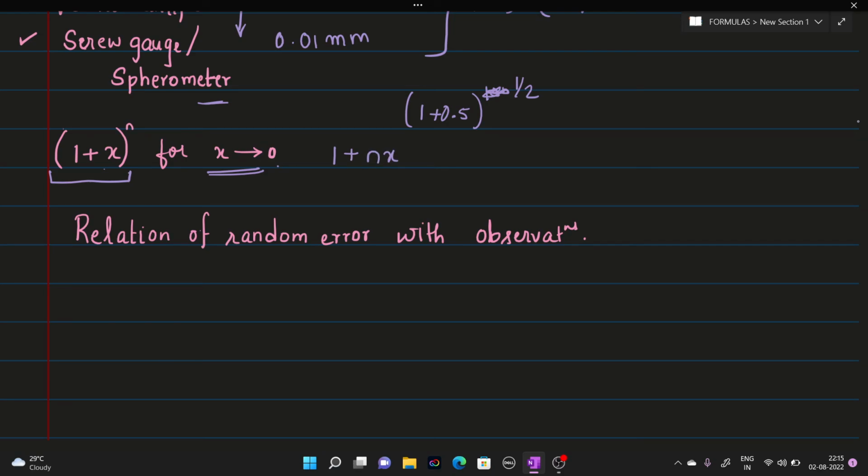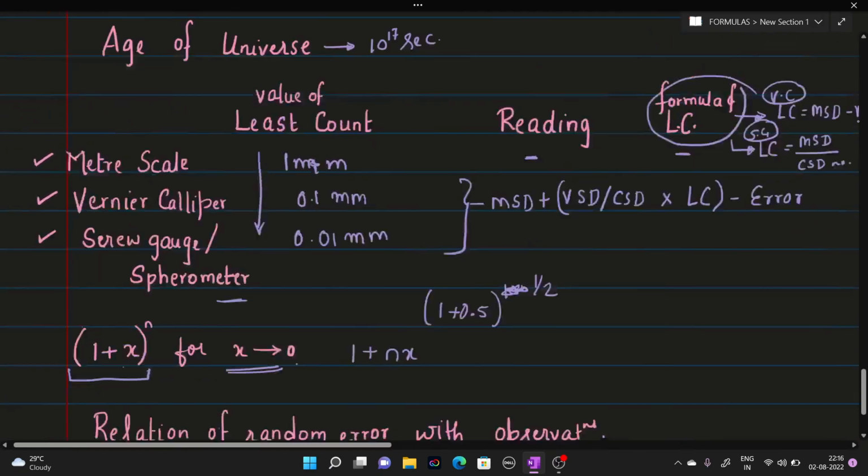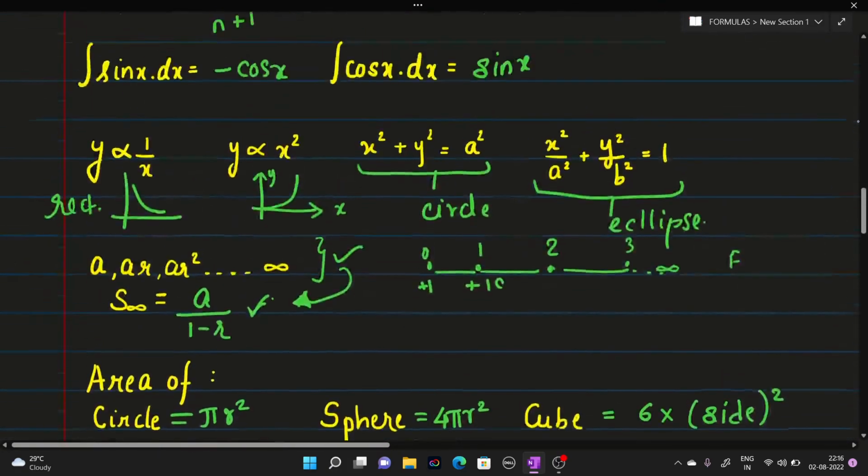Similarly, relation of random error with observation: we can say that random error is inversely related to the number of observations. This is just for solving questions based on cross multiplication. This can be applied. Apart from that, all the rest has been covered through this video.